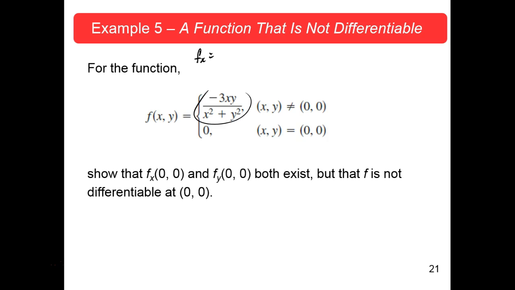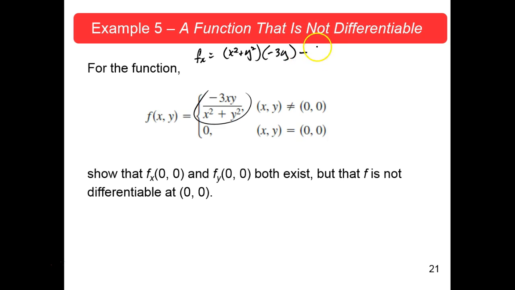Remember that? Okay. So your low here is your x squared plus y squared. D high, which is taken with respect to x now, is minus 3y, right?